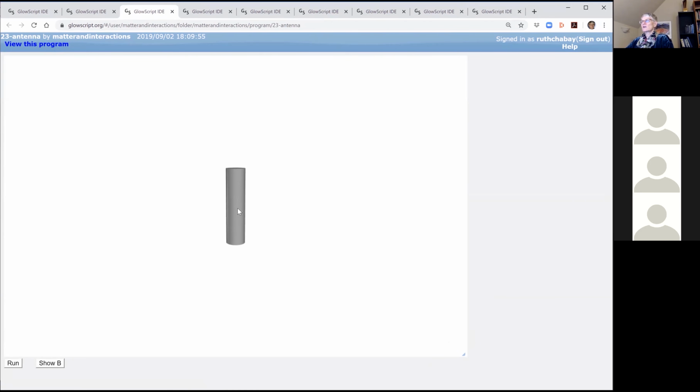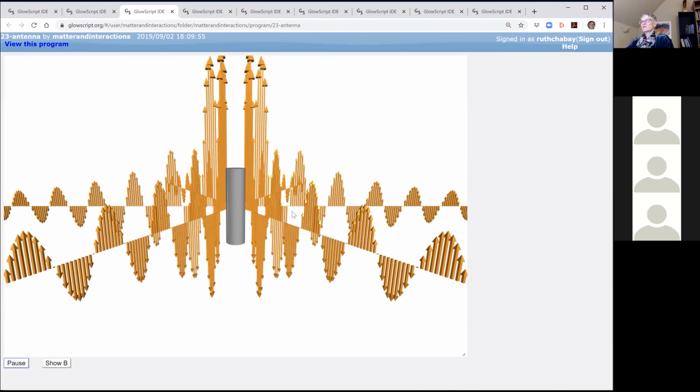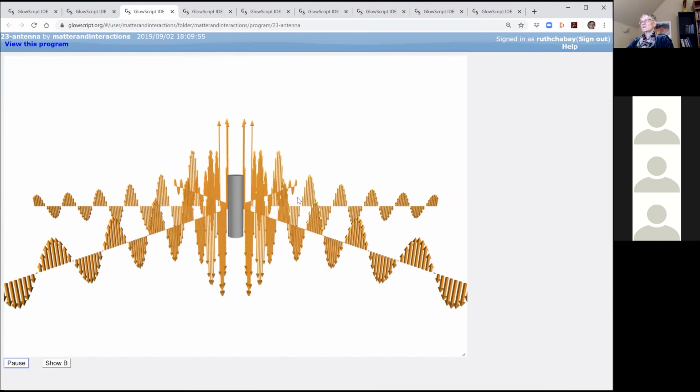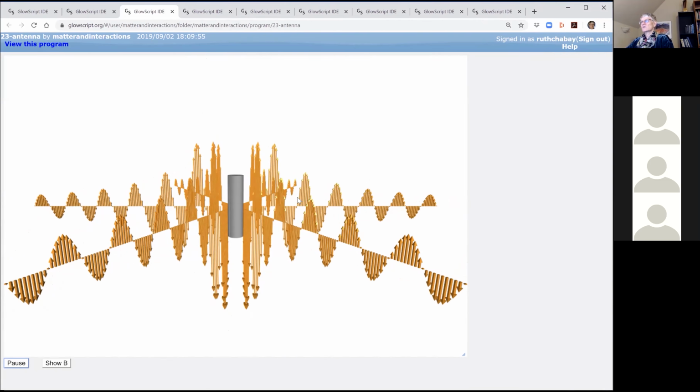So we're going to have electrons going up and then down and then up and then down. And so they'll oscillate sinusoidally, and it should produce electromagnetic radiation coming out of this antenna that also oscillates sinusoidally.